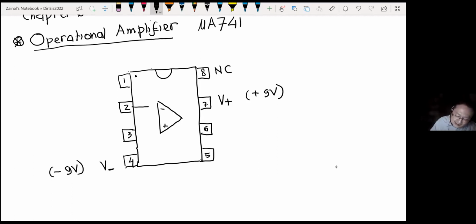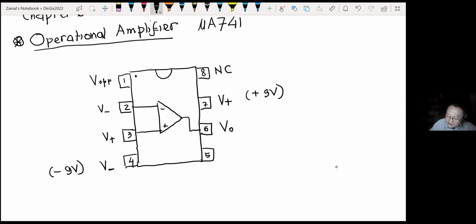So this one is the inverting input, and this one is the non-inverting input. This one is the output, VO. This one is V offset.